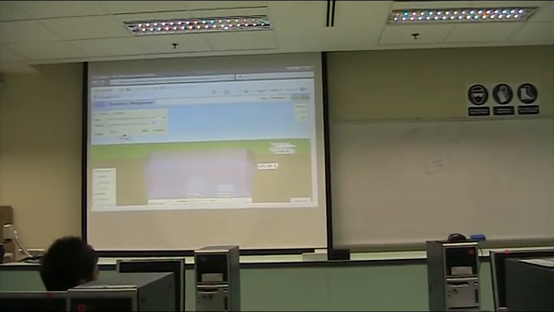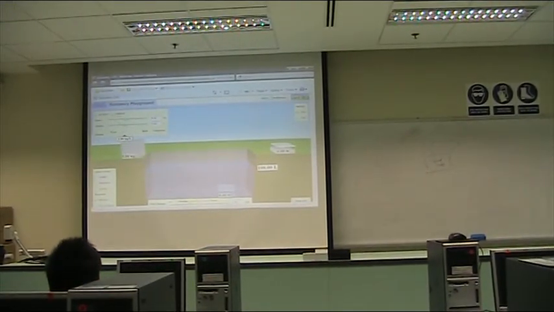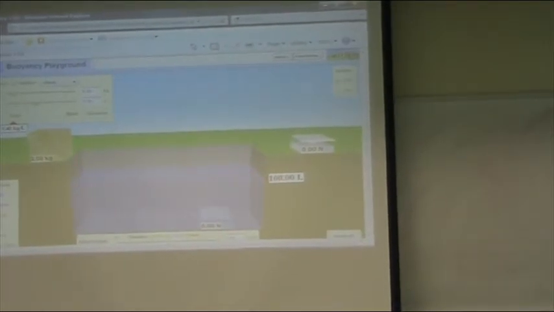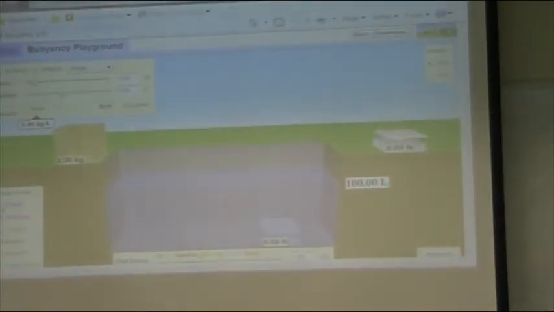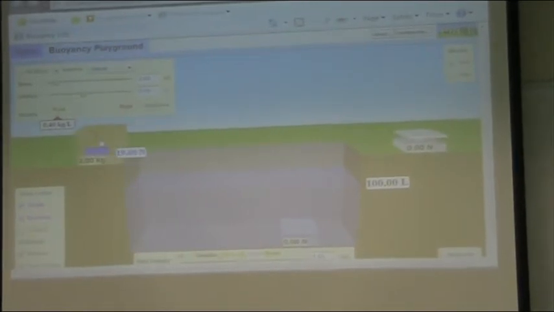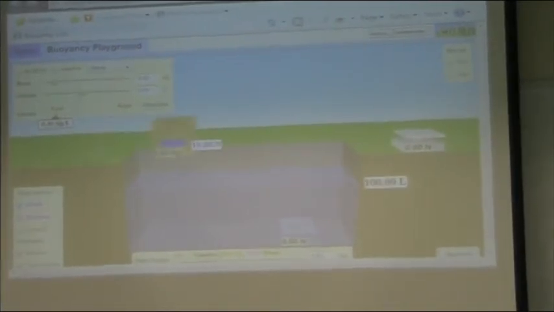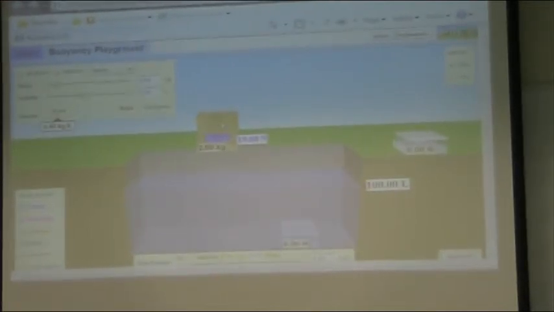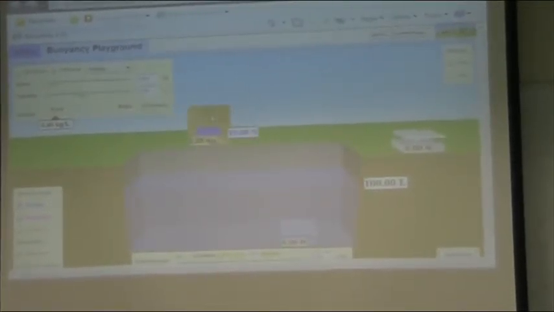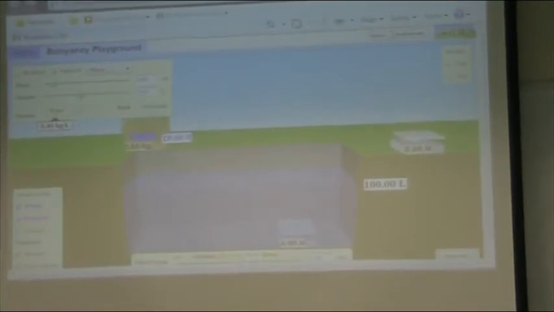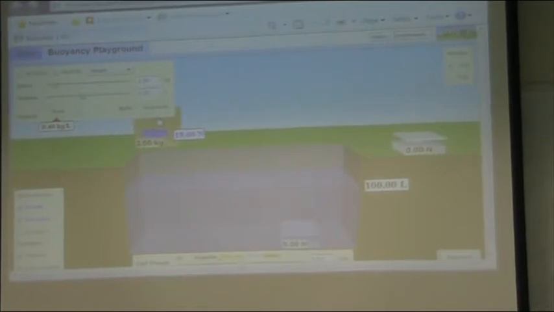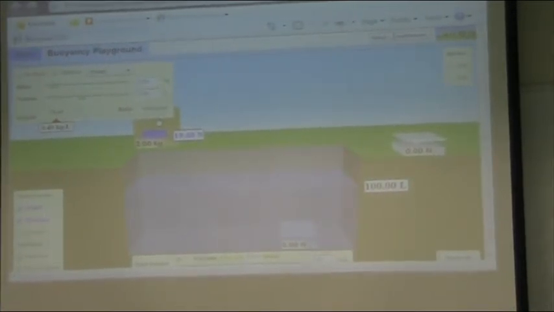Just now I have this block, right? You all learn in forces that every object has weight, and this weight is because of gravity. So from here we can see that the weight of this wooden block is 19.6 Newton, because the gravitational field strength is 9.8 in this simulation.